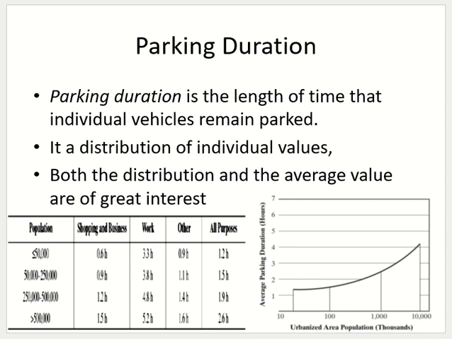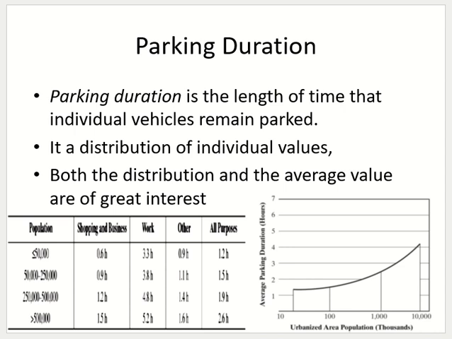So parking duration, as already mentioned, is the time for which a parking space is occupied by one user, and we use an average value for the calculations, but we need to know the distribution as well, the range as well. Why? Because if the range is very short, for example, it goes from 1.9 to 2.2, and the mean is 2, then you know that everybody is there for almost the same duration.